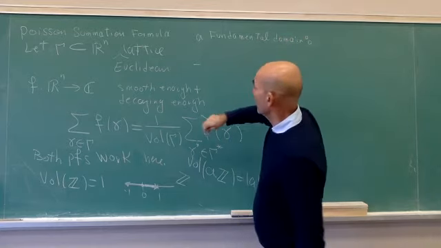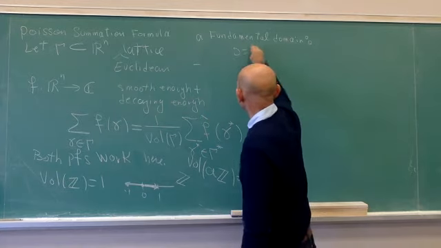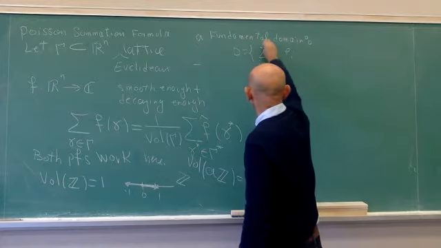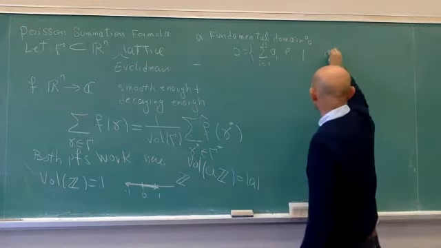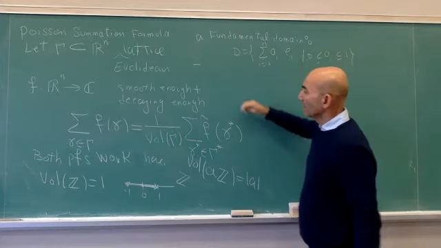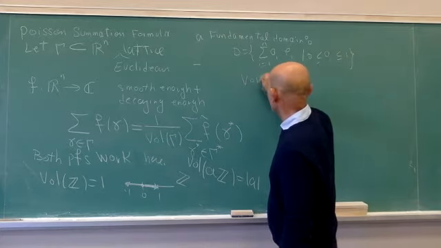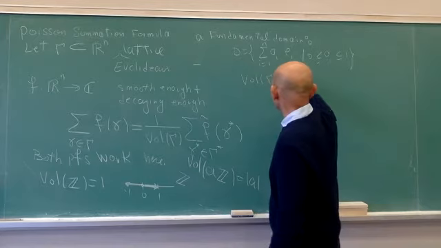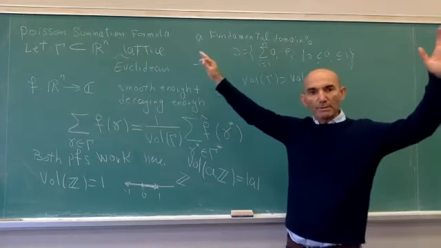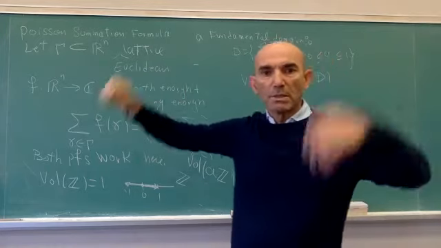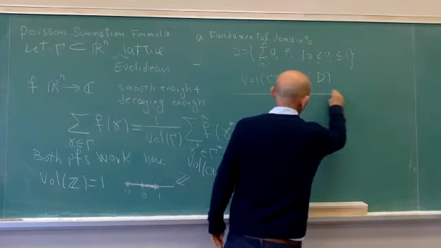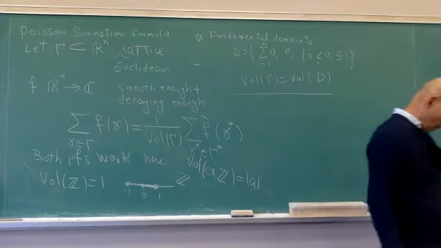Once you fix a basis for your lattice, it's the set of the sum of t_i a_i with t_i less than 1 and greater than or equal to 0. So you can just say the volume of your lattice is equal to the volume of any fundamental domain. There are many, many fundamental domains. So that's the proof in this case. Okay.